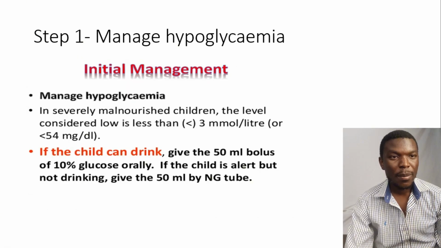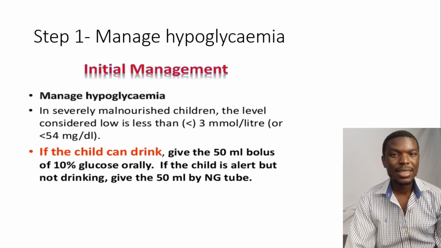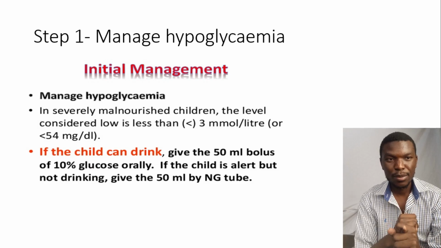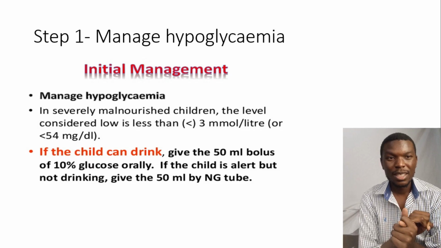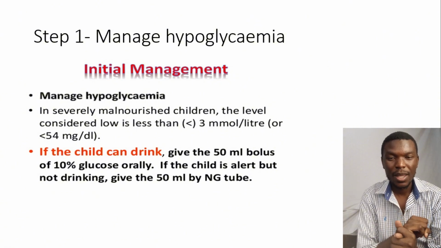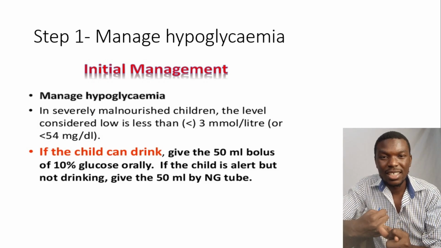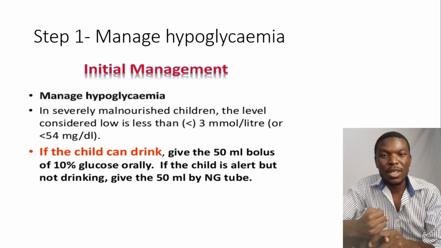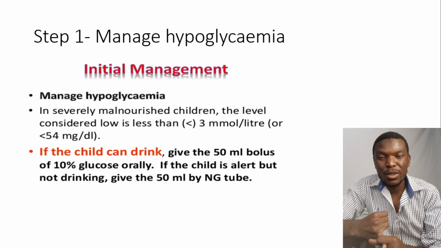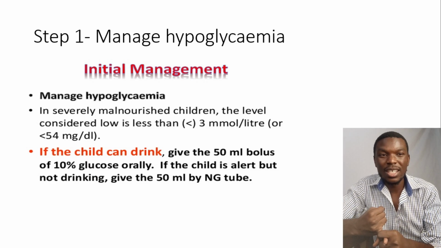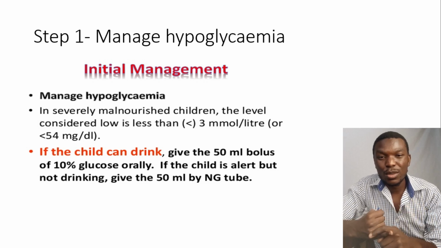So we are managing the hypoglycemia in the first step. Hypoglycemia in malnourished kids is less than 3 millimoles per liter. So if the child can drink, we are just going to feed this child the needed glucose.